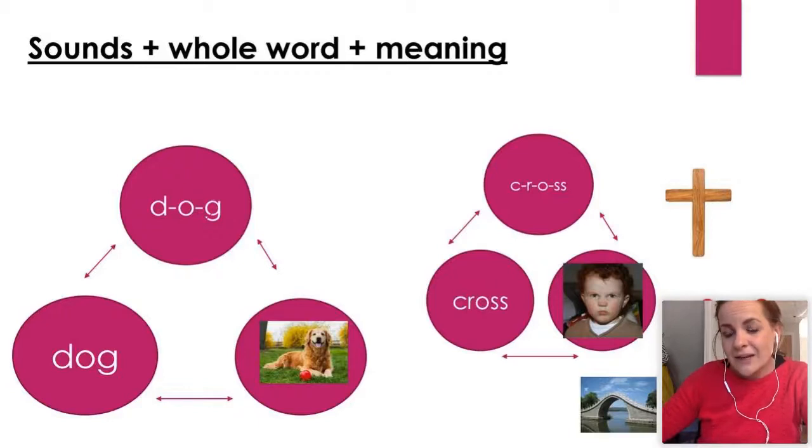So effectively, it requires a little bit more effort for them to blend that together. K, cross, cross, cross. Again, after multiple repetitions, they can then chunk it into one word. And after those multiple repetitions, that can transfer to the orthographic store.